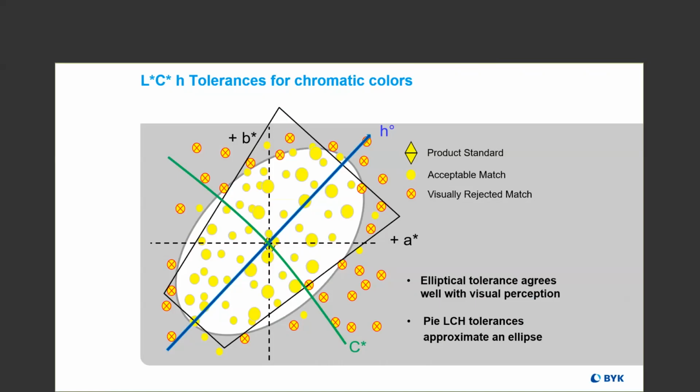So this is why we typically switch to LCH tolerancing. We recommend using LCH tolerancing for chromatic colors, because the visual tolerance shape for those colors typically forms an ellipse, and LCH tolerancing is going to approximate that ellipse better than box tolerancing with LAB.